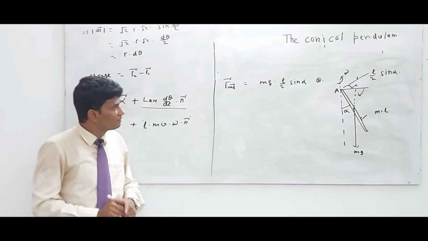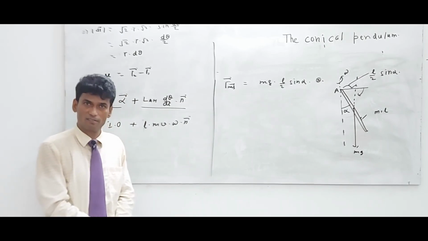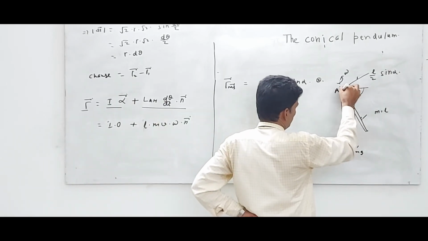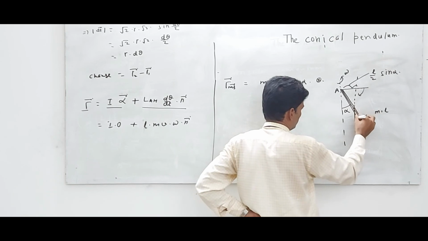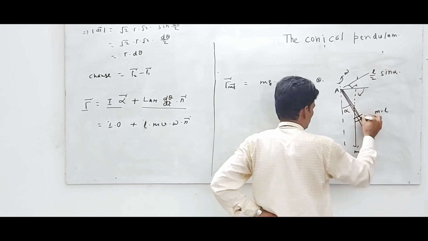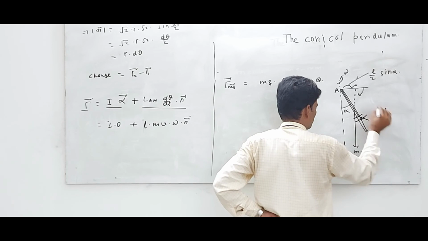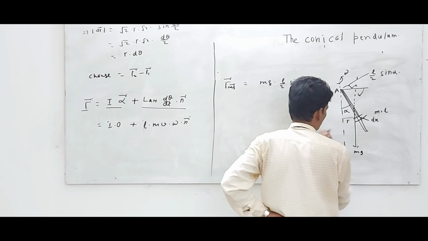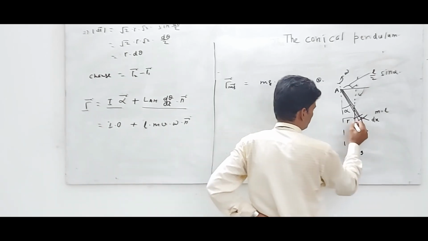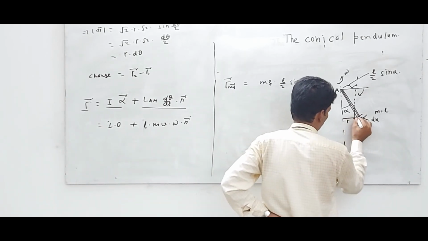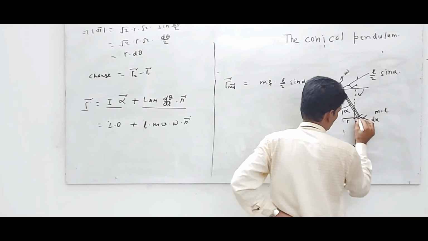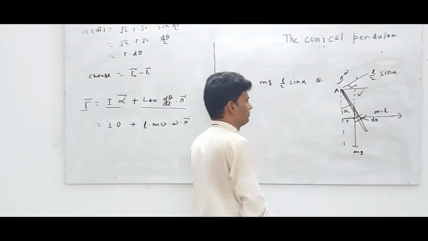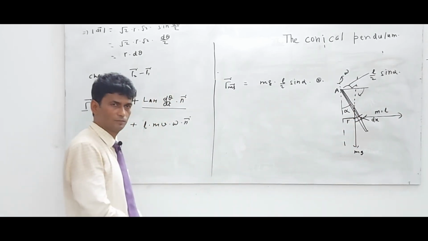Now we have to find the torque due to the centrifugal force. How? Let us see here. For this, we take a distance x here and cut a length dx. This is here, say a small r. In this direction there is a centrifugal force.